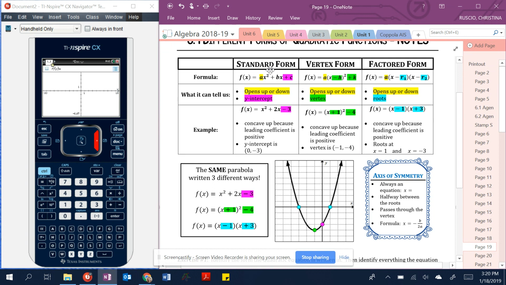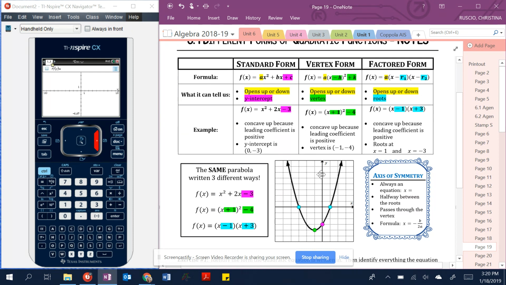All right, so all of these different forms tell us different things about a quadratic graph. So if you look at the standard form here, the standard form is going to tell us whether or not the parabola opens upwards or downwards, because of the negative out in front, or because it's a positive, it would open up. And it's going to tell us the y-intercept on the end of a function.